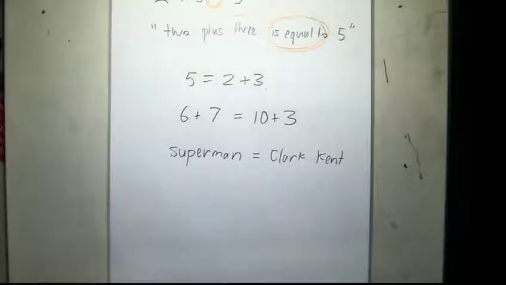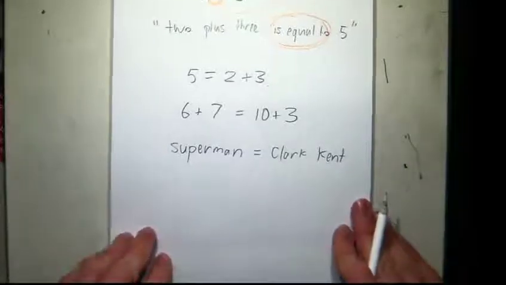Not to say that there is a calculation, not to say that Clark Kent produces the answer Superman, not to say that there is a calculation Superman that produces the answer Clark Kent. It is just that they are the same person. So I can say that statement just as much as I could say any statement about numbers. The equal sign is just declaring a truth about numbers or about anything.